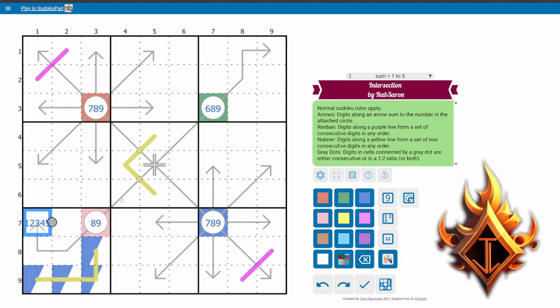So if this was 9, but I convinced myself that this is not 6, 7, because that would be 1, 2. Yeah, and I also said it cannot be 6, 5, because that would be 1, 2.